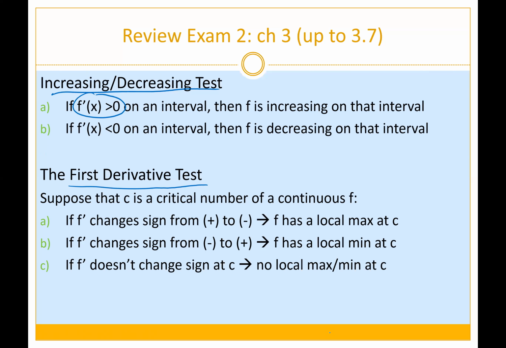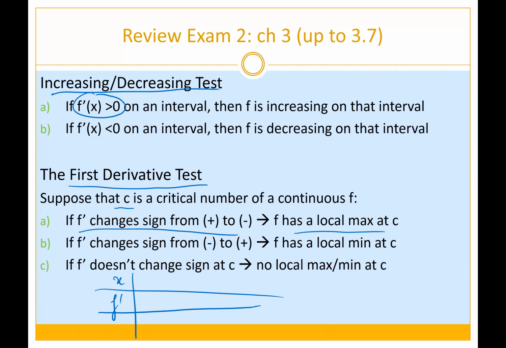If c is a critical number of a continuous function f, and f prime changes sign from plus to minus when you go from left to right of c, then you have a maximum. So you have c.